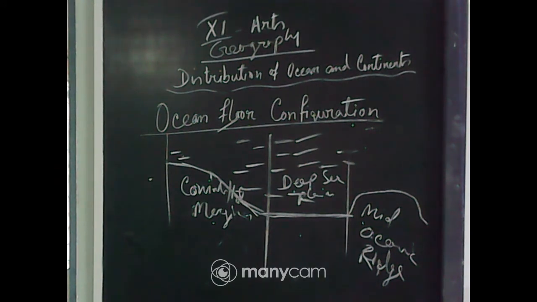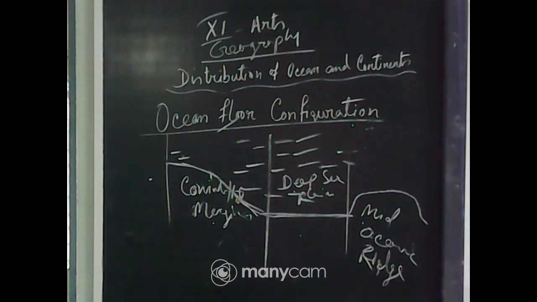So, these extensive plains lie between the continental margin and the mid-oceanic ridge. The abyssal plains are the areas where the continental sediments that move beyond the margin get deposited. Understood this?